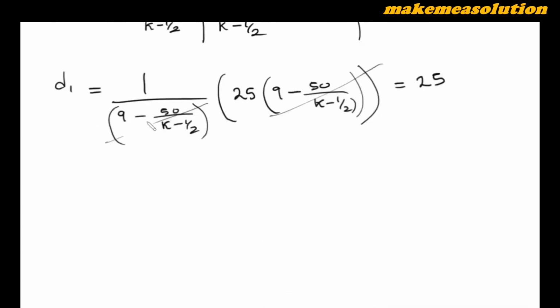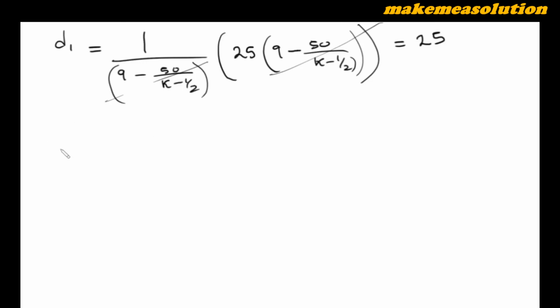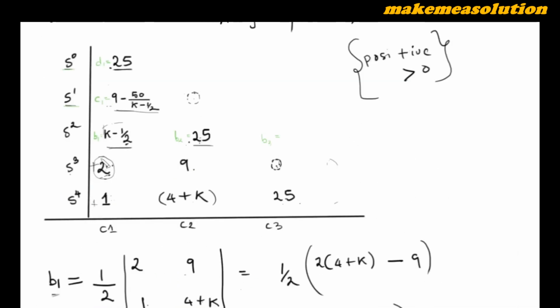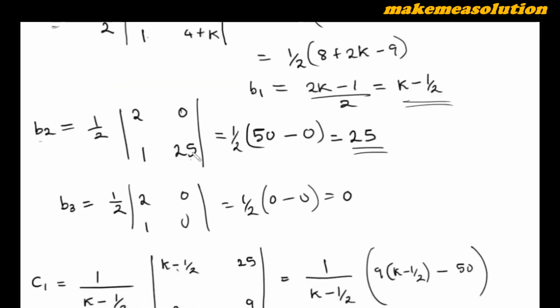So okay, I can now put a little comment and say all terms on the first column seem to be positive, except, so let's write what we have: k - 1/2, then (9 - 50)/(k - 1/2).